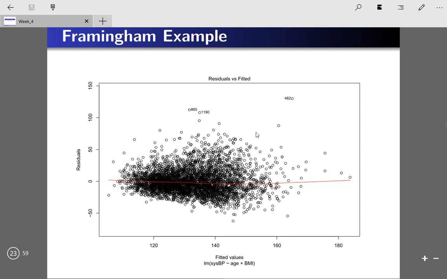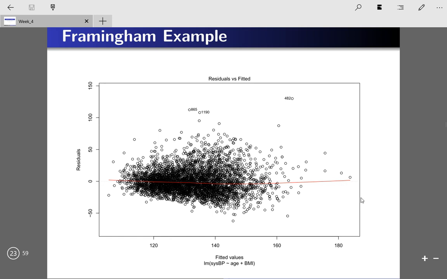It looks like there's no fanning shape, anything like that, where it's a smaller spread getting wider. It looks fairly consistent across the x values. So here I would say constant variance appears fine. It appears to be met.